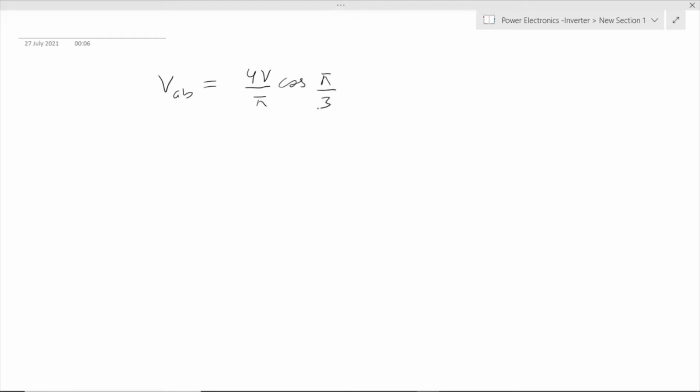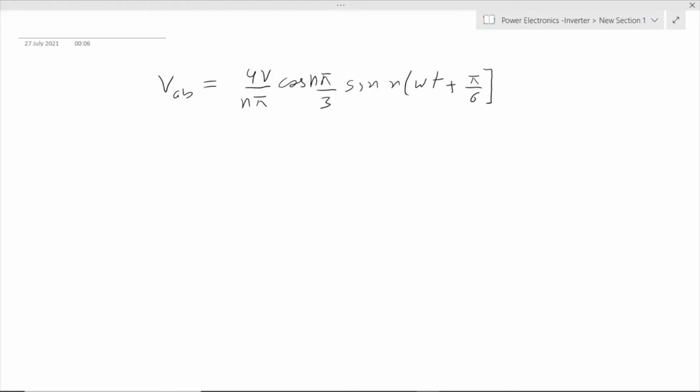Okay, so in harmonics terms you can write it like this: n pi and sine n omega t minus pi by 6. Sorry, it will be omega t plus pi by 6.